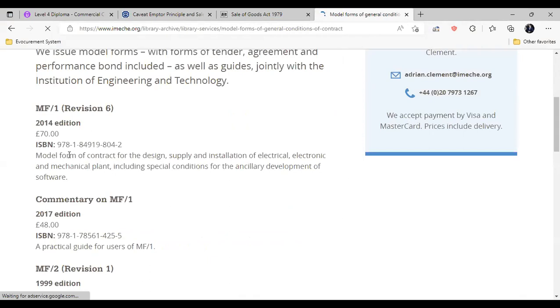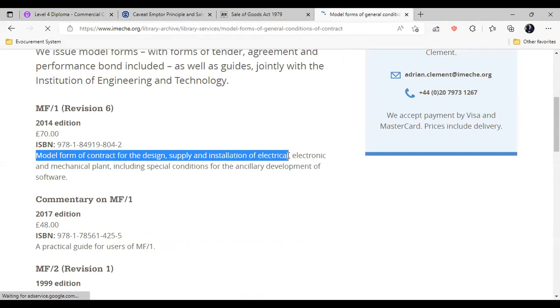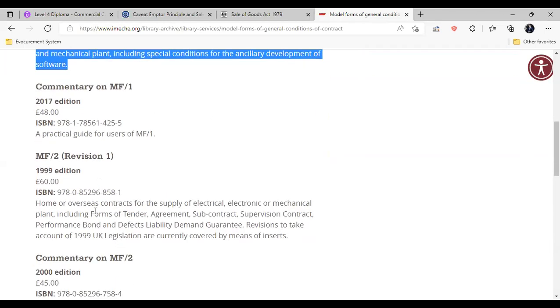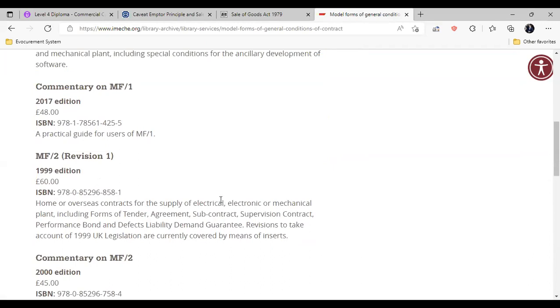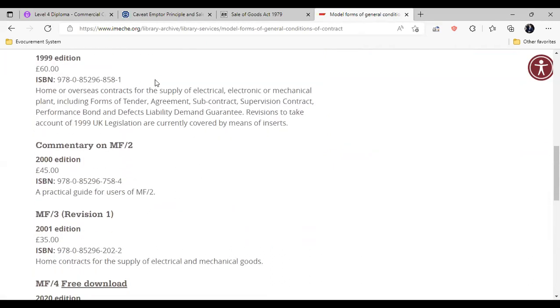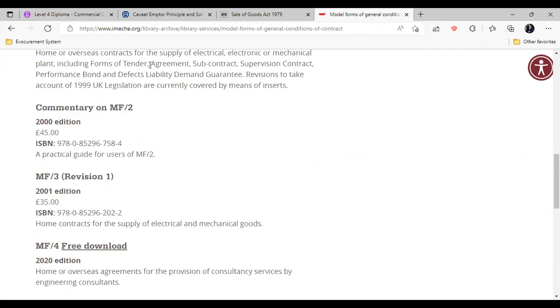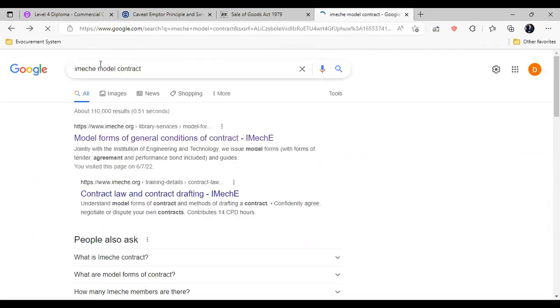You can see here, it says very clearly that this modified contract is for the design, supply, and installation of electrical, electronic, and mechanical plant. Also, here is very similar, in the 1999 edition. Or I can search for NEC modified contract.